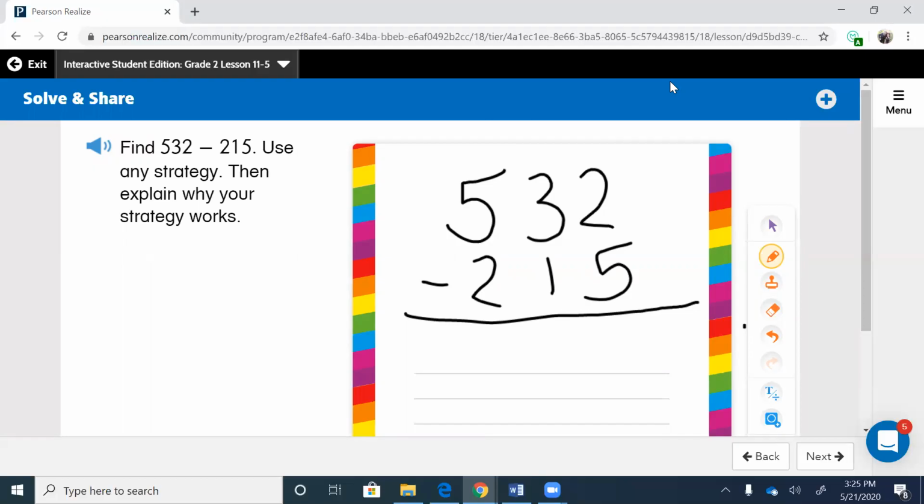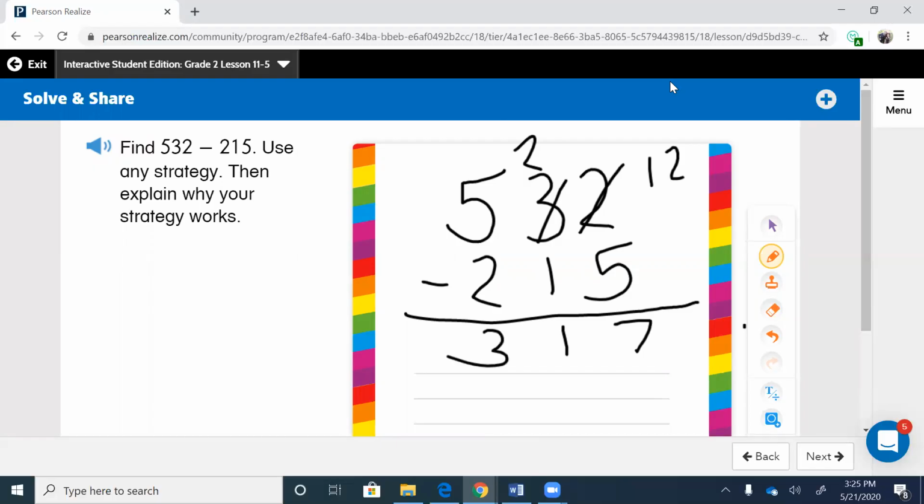All right, start with your ones. We cannot take 2 from 5, so we're going to have to borrow from the tens. The 2 becomes a 12, the 3 becomes a 2, and the hundreds stay the same. 12 minus 5 is 7, 2 minus 1 is 1, and 5 minus 2 is 3.